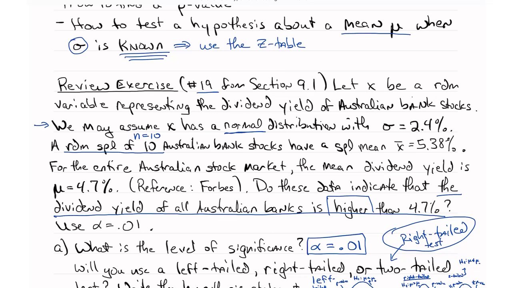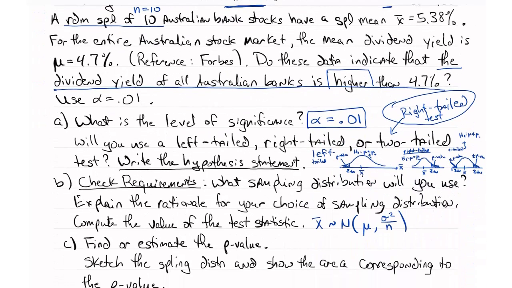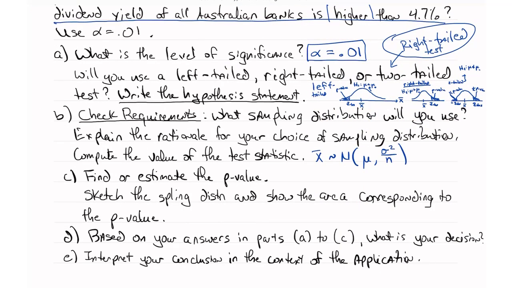It makes it easy. So since we started with a normal distribution, x bar will definitely have a normal distribution. When we know sigma and x starts with a normal distribution, we have a normal distribution for x bar. Okay. So we're going to use x bar, mean mu, variance sigma squared over n.